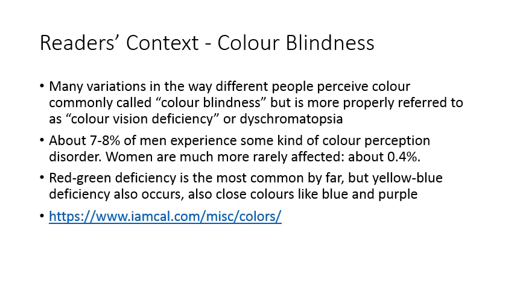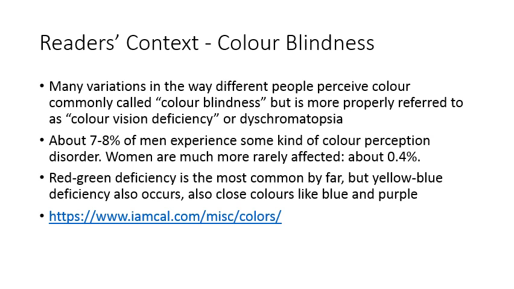Okay, something else you have to consider when it comes to your readers is that one of your readers might suffer from a disorder of colour blindness. This can manifest itself in a number of different ways, and it's more properly called colour vision deficiency or dyschromatopsia.